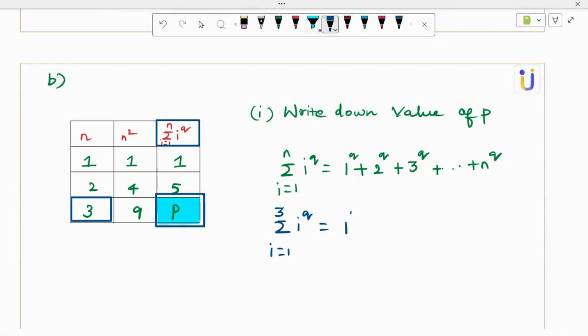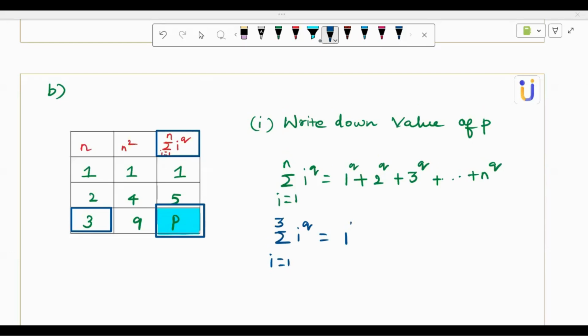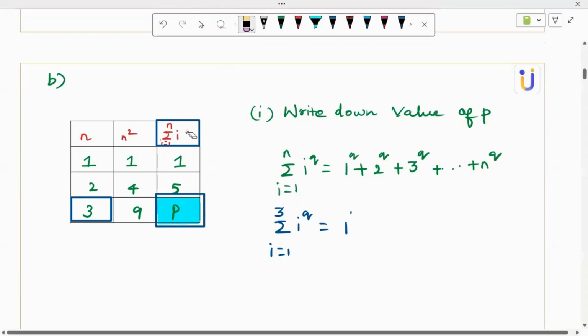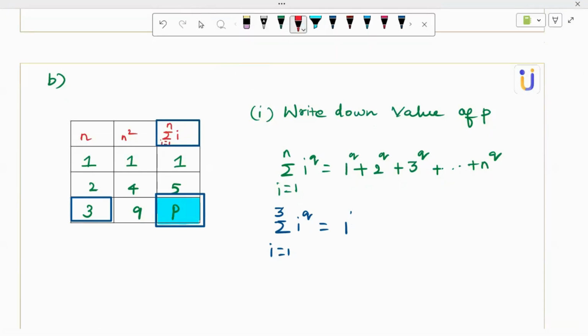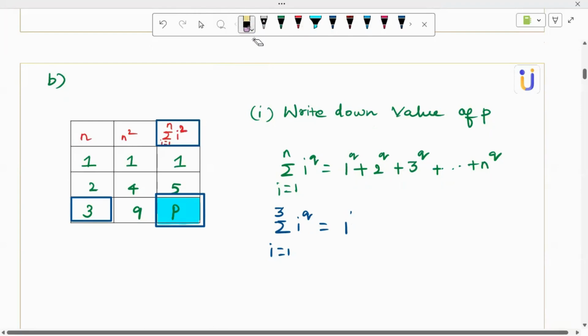Wait a second. So this can be expressed as... okay, actually here there is a change. It's i power 2, sigma i square, not i power q.